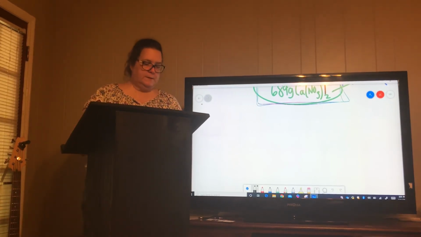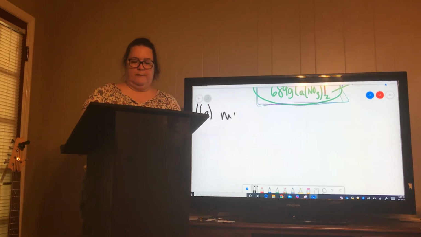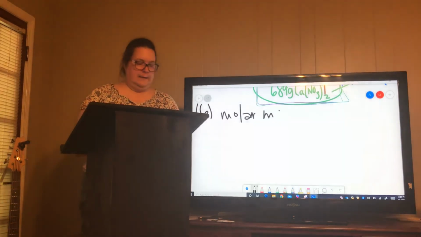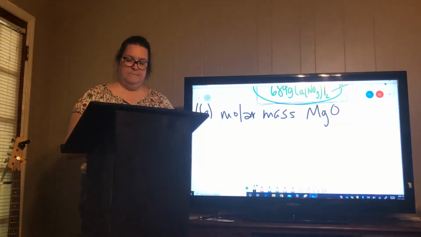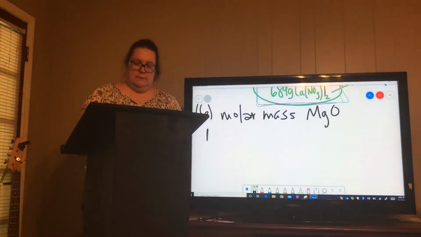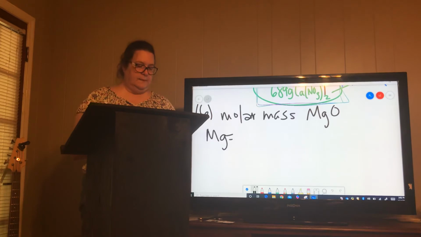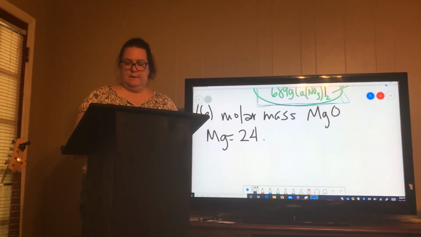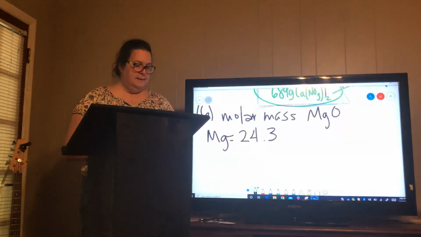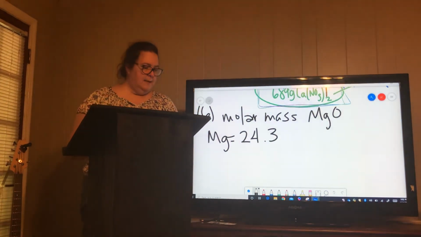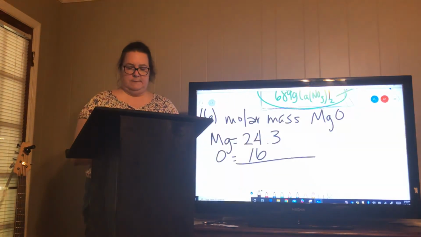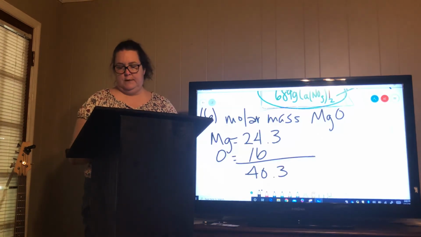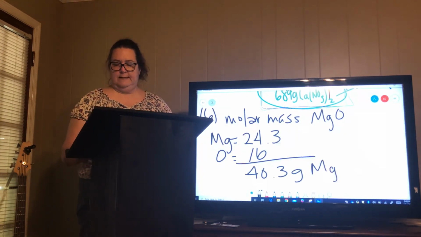So number 6, the molar mass of magnesium oxide. Okay, so that's real simple. Magnesium is 24.3, that's the atomic mass. And then oxygen is 16, so I'm left with 40.3 grams of magnesium oxide.